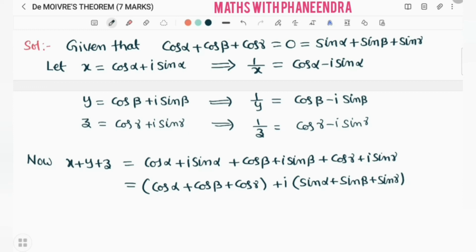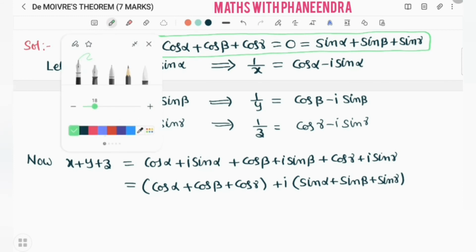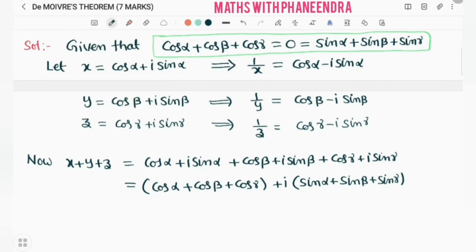We know that these values are 0, it is the given condition. So this value goes to be 0. 0 plus i into 0, that is equal to 0 ultimately, x plus y plus z.